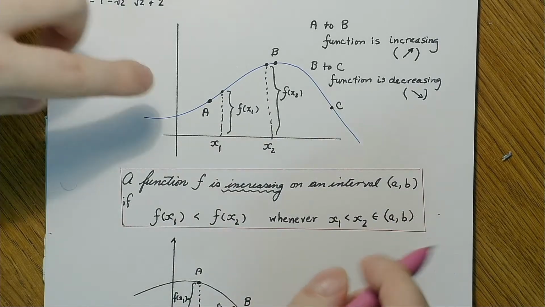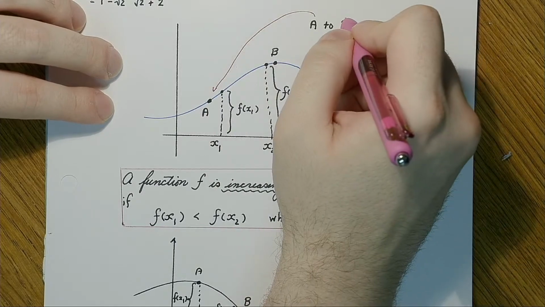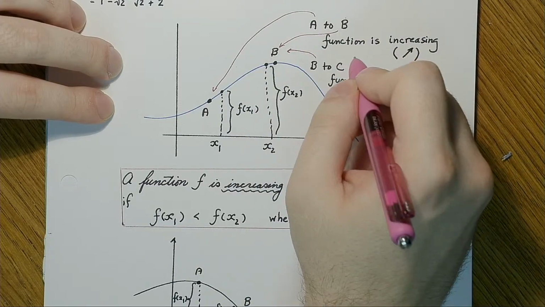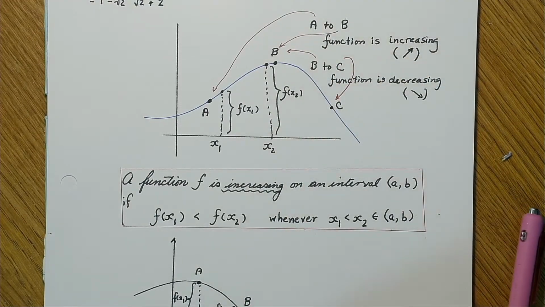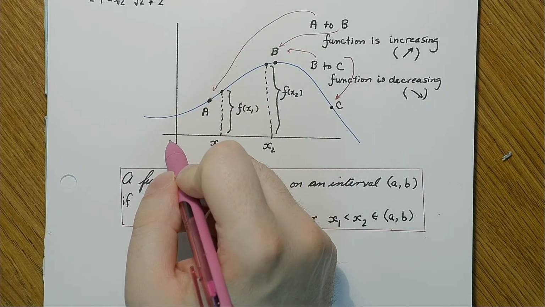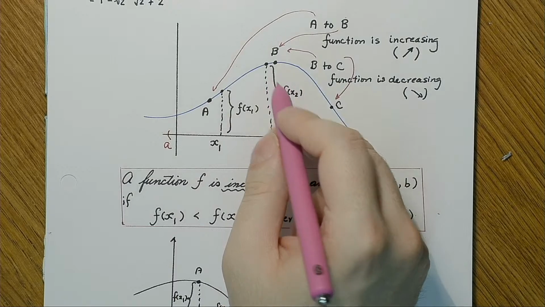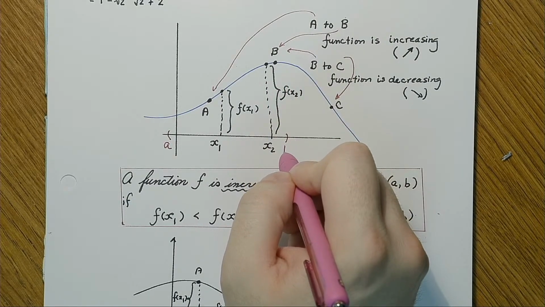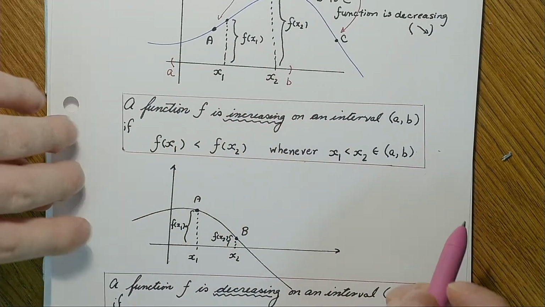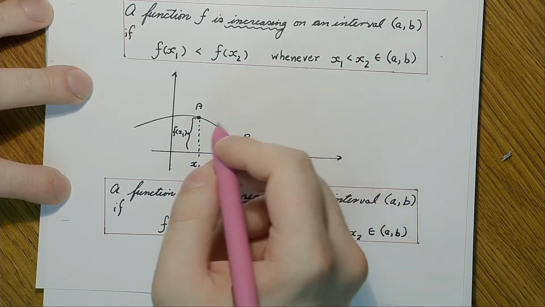In this case, this A belongs to here, and here's my B. And this is my B here, and here's my C. But for instance, on this one, my interval would probably be around here. Here's my A, and around here would be my B, because that would be my interval where it's increasing. And around here, I'm not sure where this is going to end.